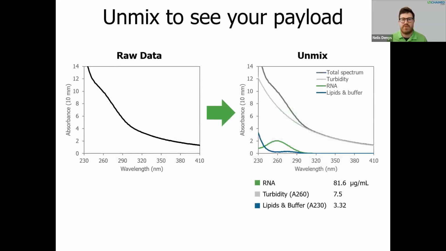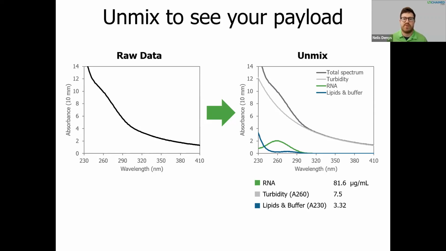Now, on the left, we have that raw data again. And on the right, Stunner has used our Unmix algorithms to isolate the impact of turbidity and actually remove it. So this is shown by the black line indicating the total signal. And then you have the gray line that indicates the contribution from the turbidity. What is remaining is green and blue. Green is the isolated signal from RNA, and what we're, of course, interested in for the total RNA concentration.